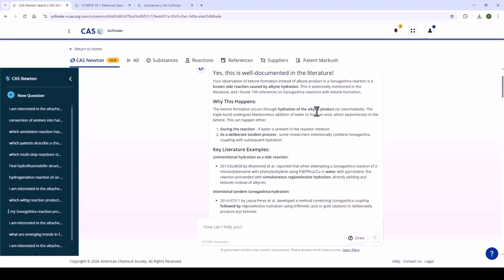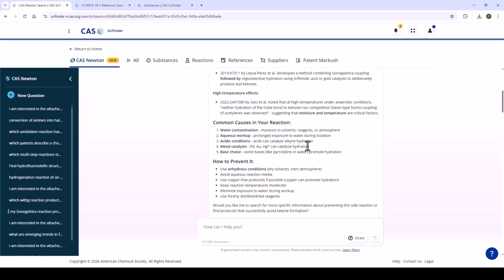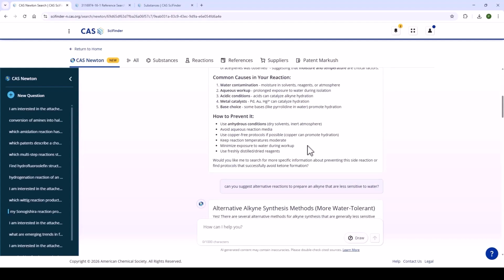Based on the abstracts of these publications, it gives us a summary, an overview of why this may be happening, and also provided some key literature examples. So this is really very useful, and it even provides common causes for this reaction, and also how to prevent it, which is of course very useful if you're trying to avoid the formation of those ketones.